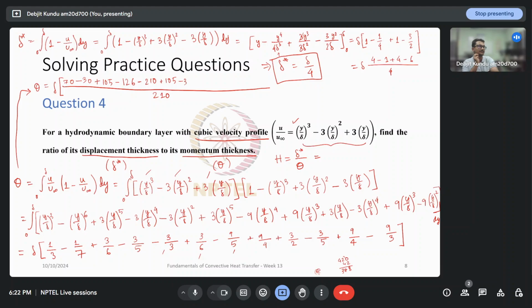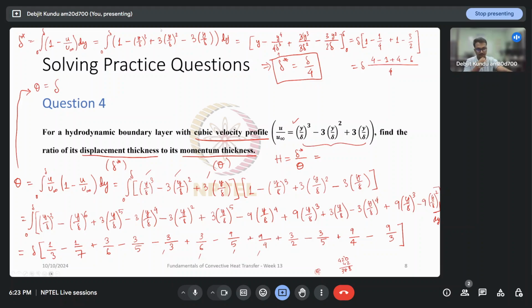This is becoming way too messy. Then I have 9 by 4. 210 by 4 gives me, 210 is not divisible by 4 as well, huh? Okay, I'll just do this whole calculation and come to the final answer.